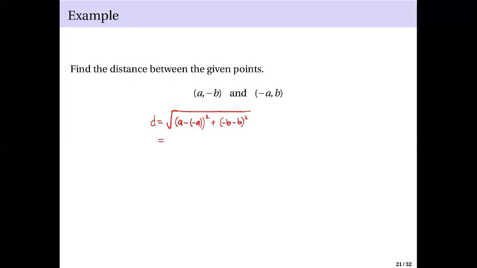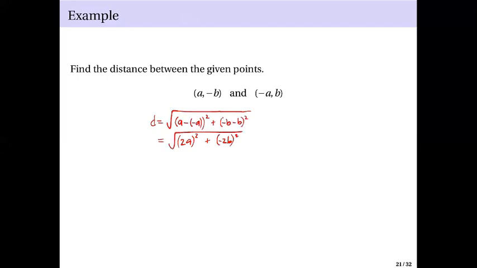So in here, what do we get? You have square root of 2a quantity squared plus, here you will have negative 2b quantity squared.